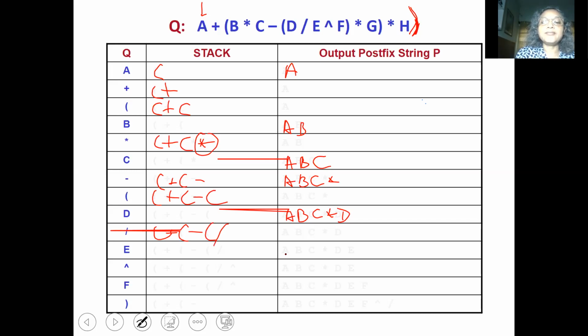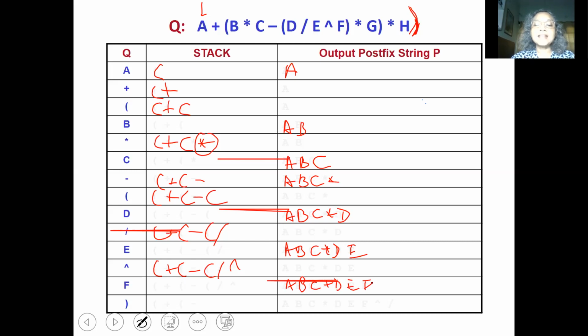So we will have A, B, C, star, D, E. Then we get an exponentiation. This exponentiation is the highest priority. So slash is a lower priority, so we'll push it into the stack. So the stack will now contain this exponentiation. Then we get F. F will be added to P. So we get A, B, C, star, D, E, F.